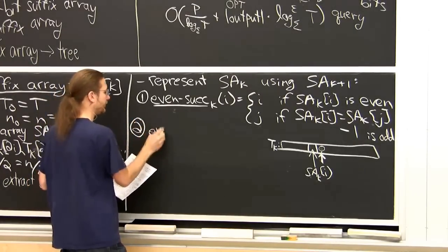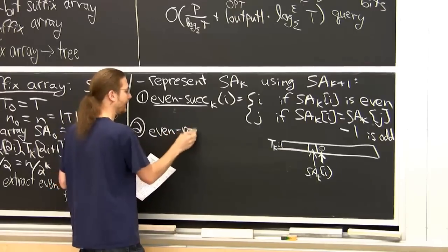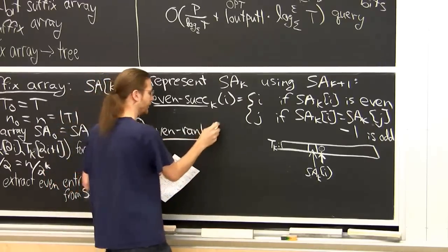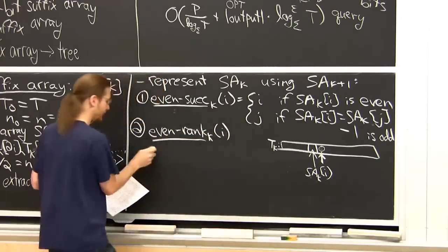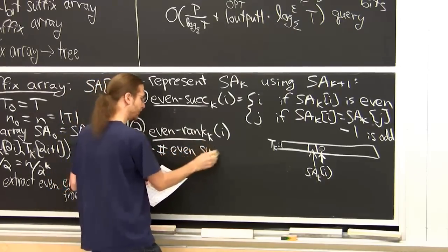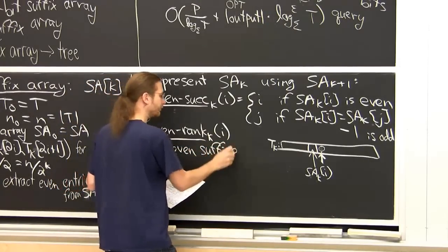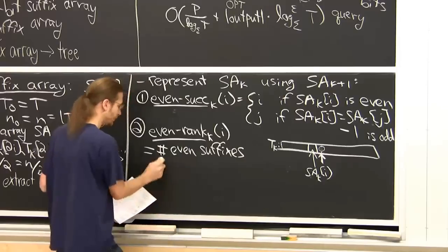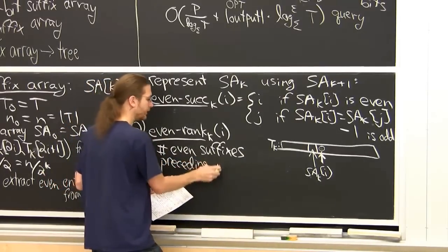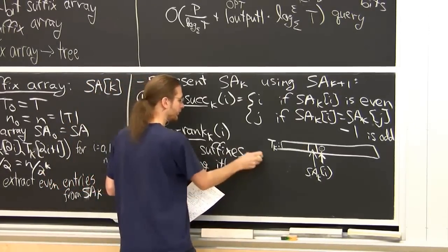Okay, next thing we need is called even rank. This is going to be like our rank function we had before. This is going to be the number of even suffixes, suffixes starting at even positions, preceding the ith suffix.